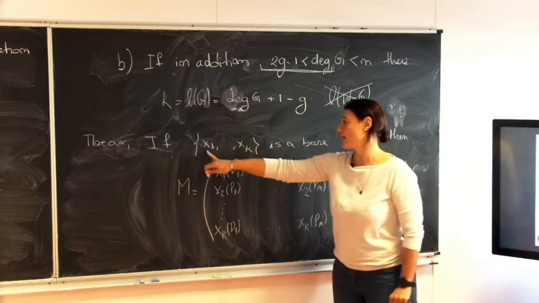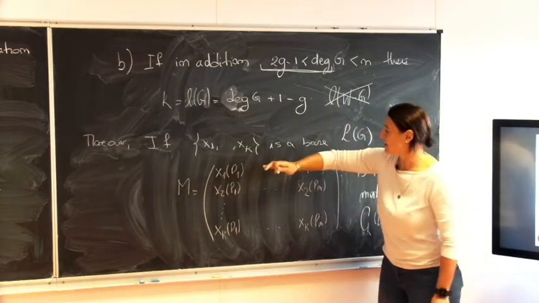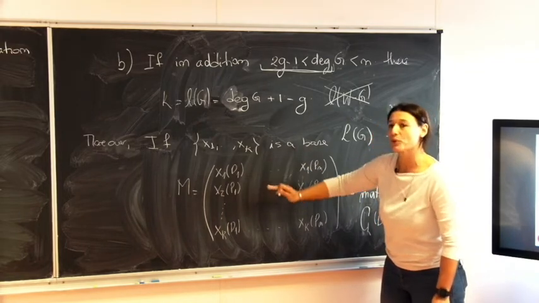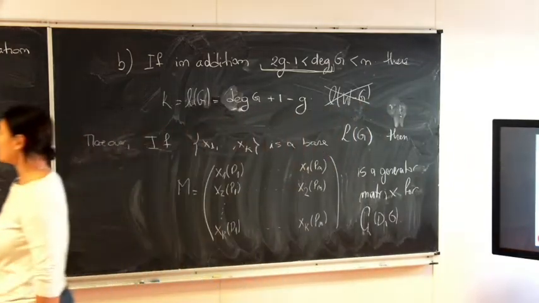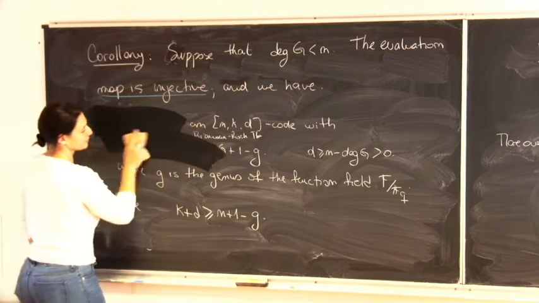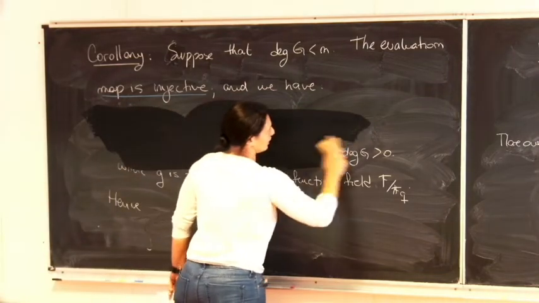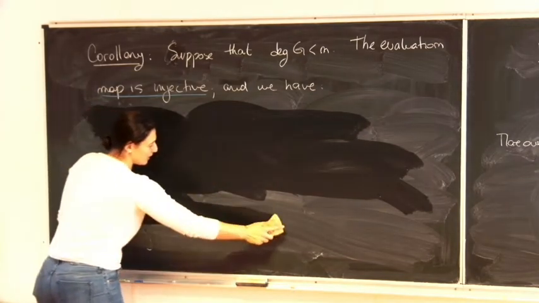If I get a basis of the evaluation space, then I put all the elements in rows and I get a generator matrix. So let's just see why the evaluation map is injective in this case, which is really one word that we have to say about that.